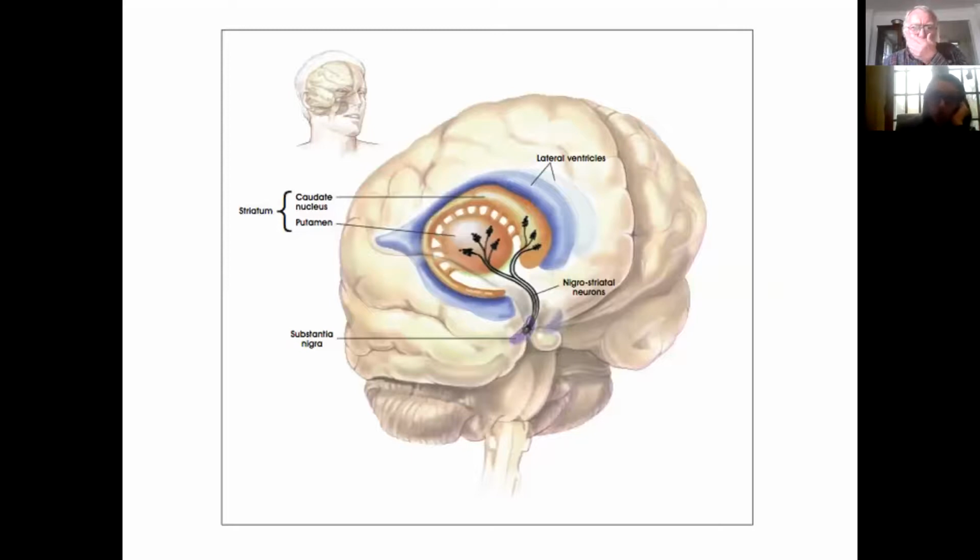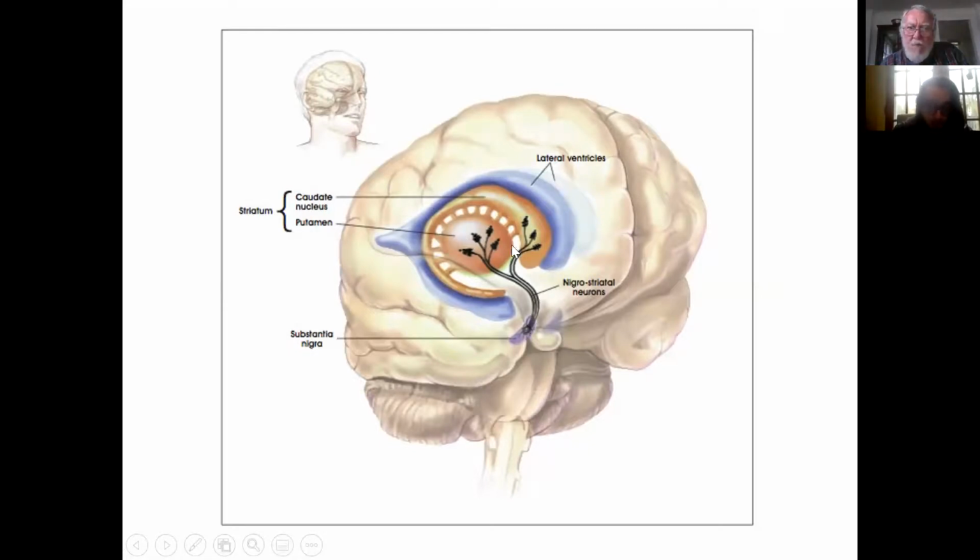So now, looking at the neostriatum, we see the caudate nucleus and we see the putamen.